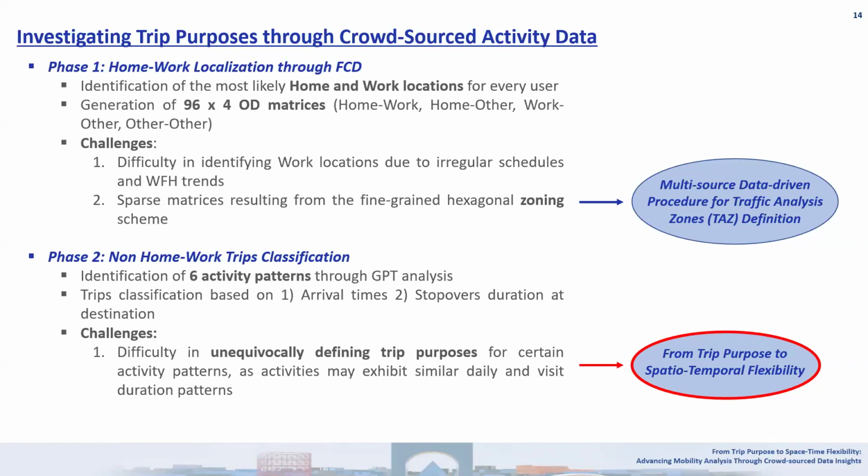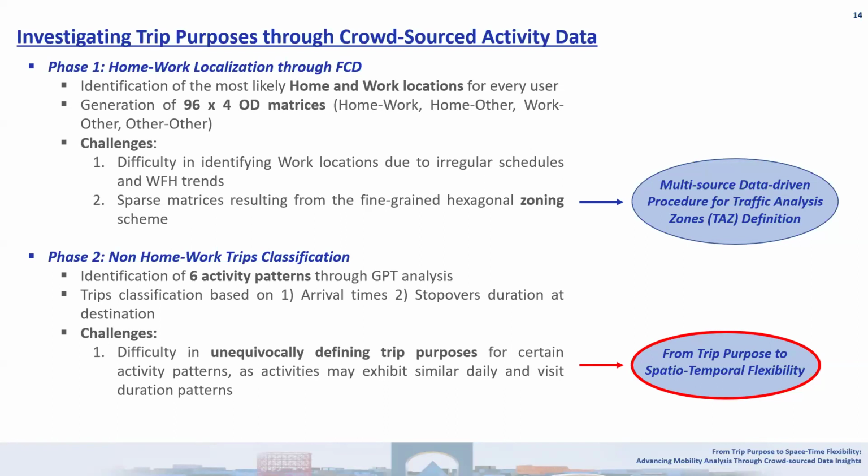That allows us to have origin destination matrices that we can use in the further section of our study, which are not as sparse as before, as every section of our origin destination matrix is filled with the floating car data trips. So we can go to the third section of our presentation.